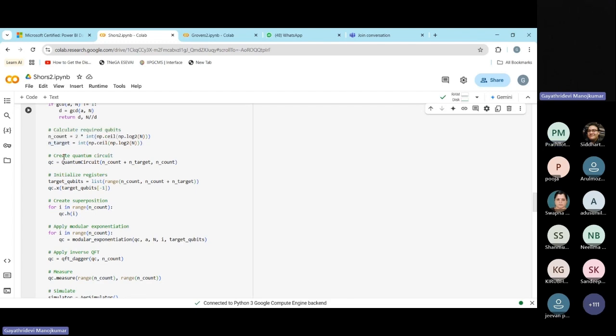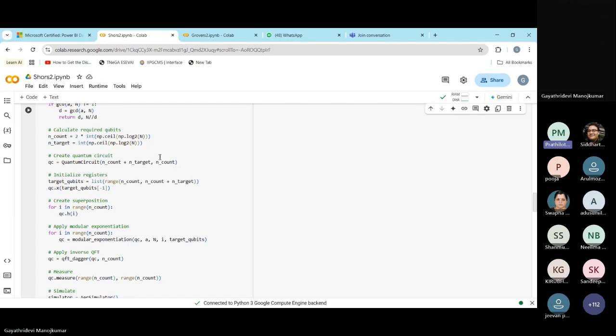And the next part is the quantum circuit initialization, where we are just creating a quantum circuit. We combine the targeted register and the counting register together to define the QC. That is, a quantum circuit is created with the addition of the counting register, the targeted register, and n count classical bits, which are going to measure the counting register.